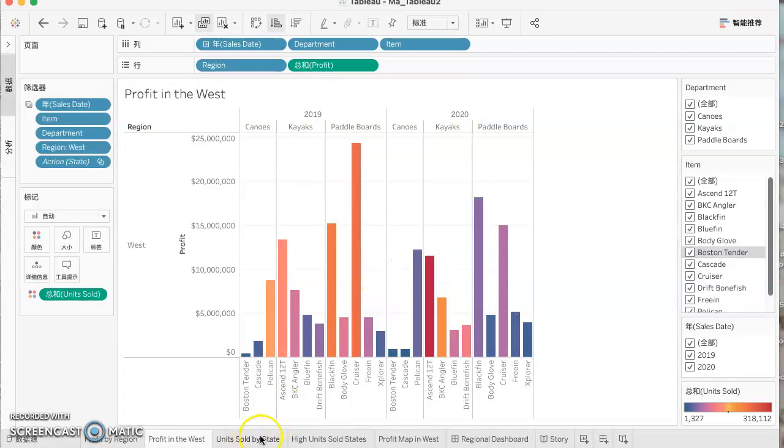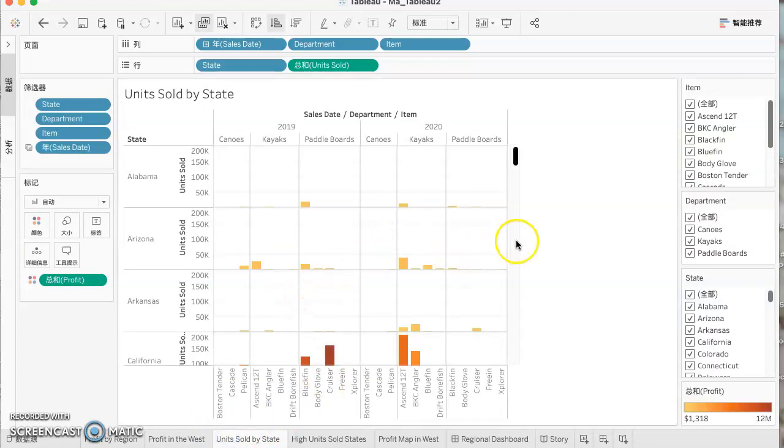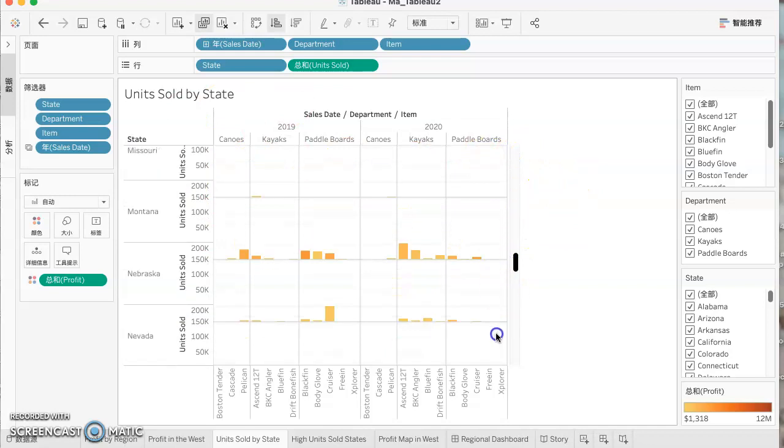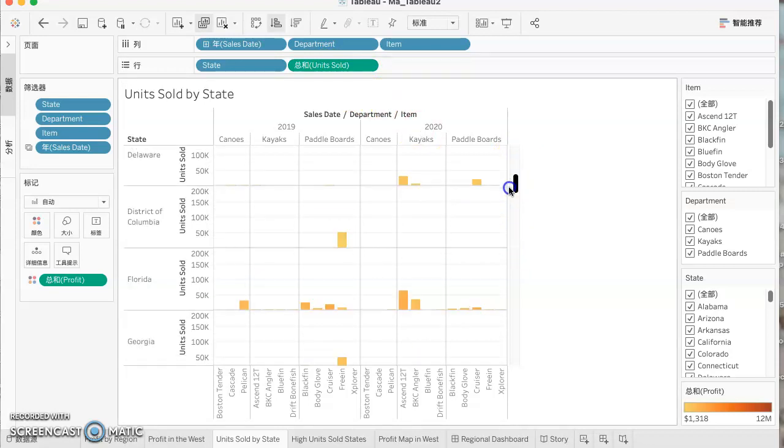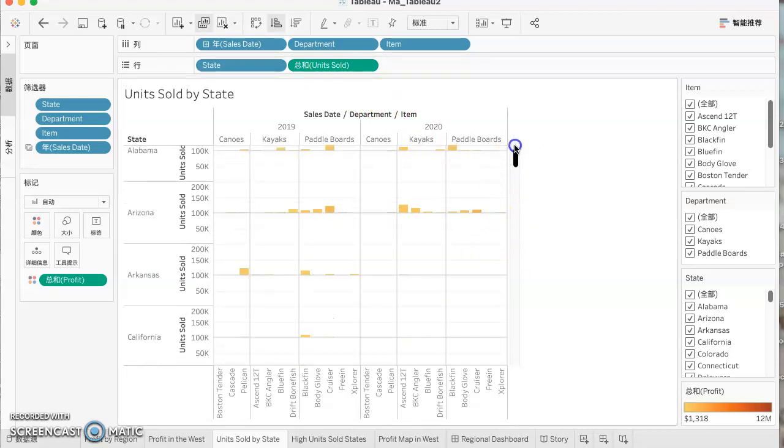Now let's move on to the next sheet, which is units sold by state. This bar chart is really convenient and efficient for us to see the units sold of each state.